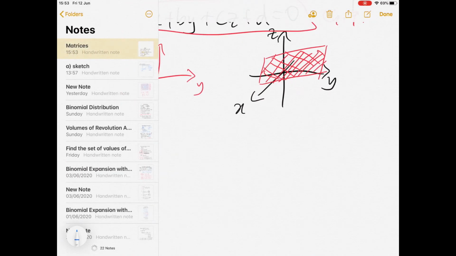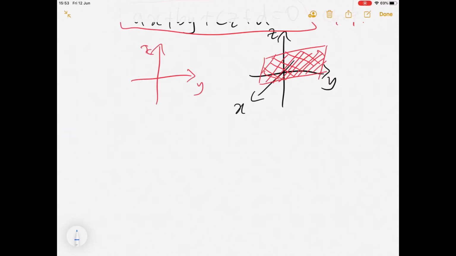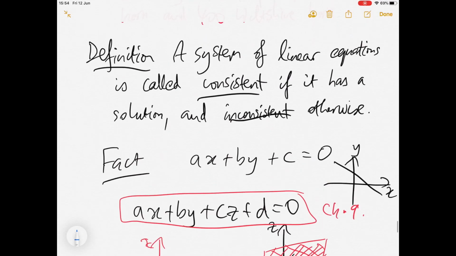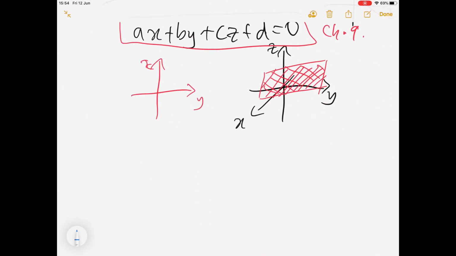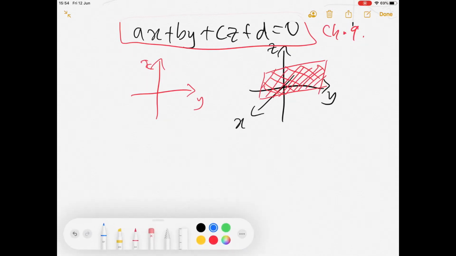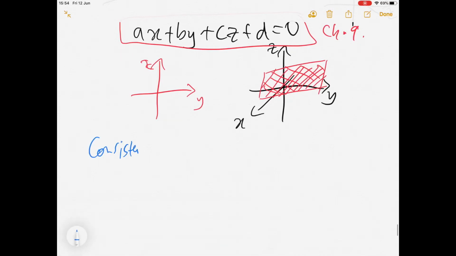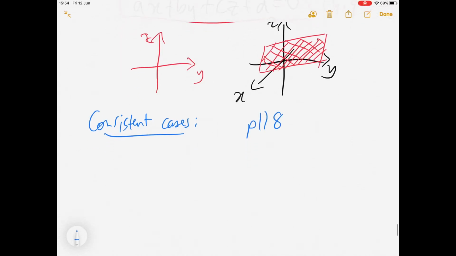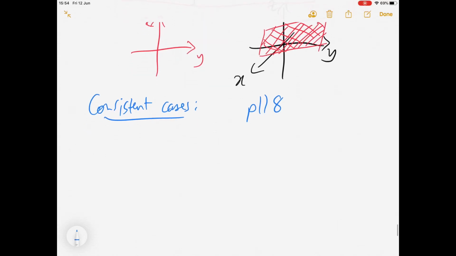So we can have different configurations of planes that we're going to use to interpret geometrically solutions to systems of linear equations. So there are various different possibilities. First, there are the consistent cases. I encourage you to have a look at page 118 of the book, because the diagrams they have there are probably much better than I can draw. So the first consistent case is that three planes meet in a point.